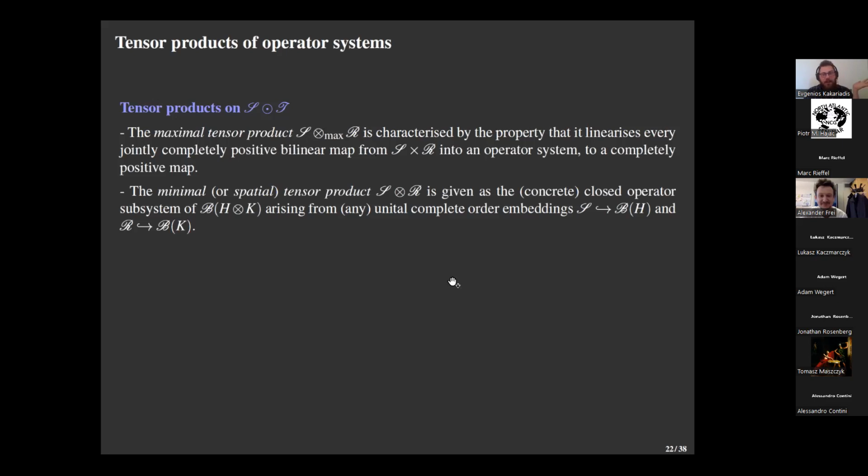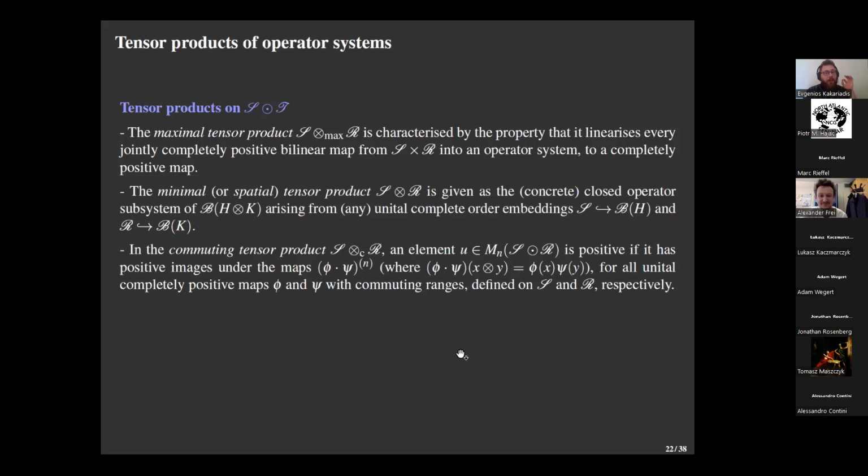The minimal tensor product is the one that you would expect: you take two concrete representations and you take the tensor product of the Hilbert spaces and the operator system generated there. Okay. That's going to be minimal. The commuting tensor product, which is what happens in system algebras, is given as follows. The cone structure here is given the following way.